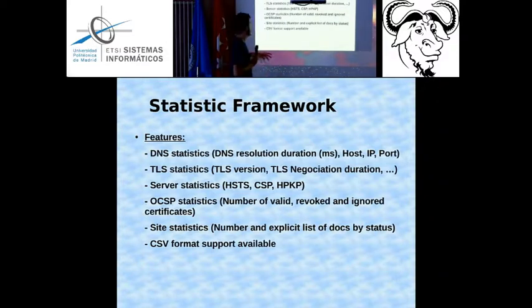Well, this is a statistics framework which has these features. There are statistics about the time, and of course host, IP, port. You need to know what you have been downloading. You have all kinds of information about all this stuff. I mean, it's there, you can read it.